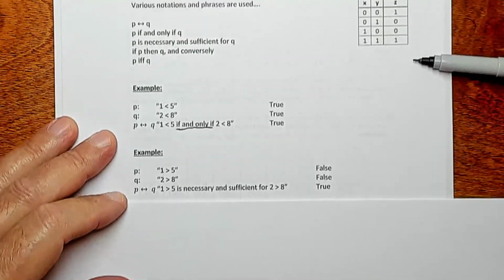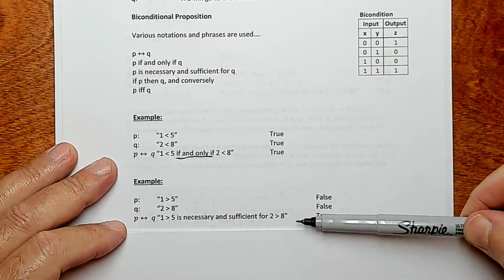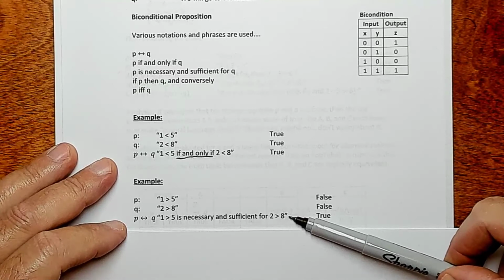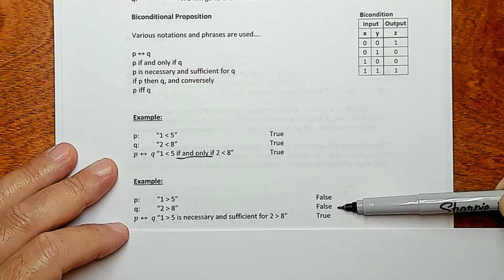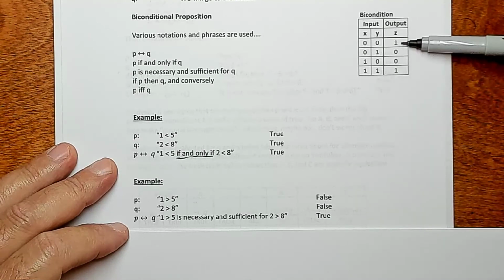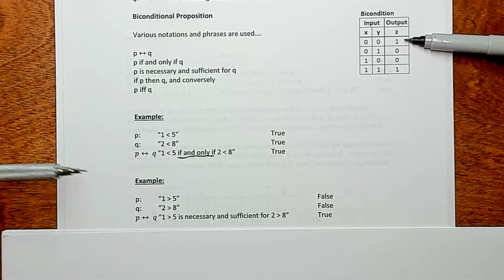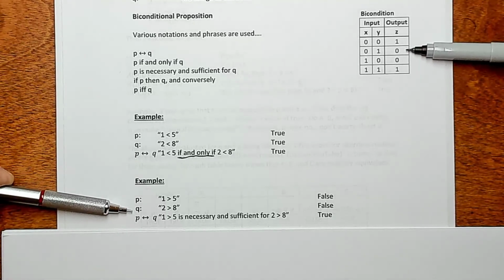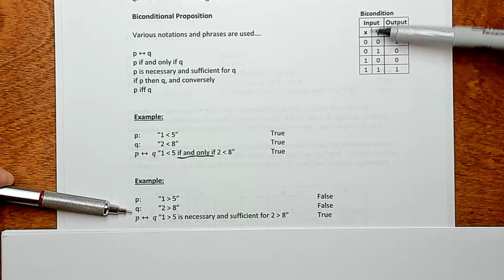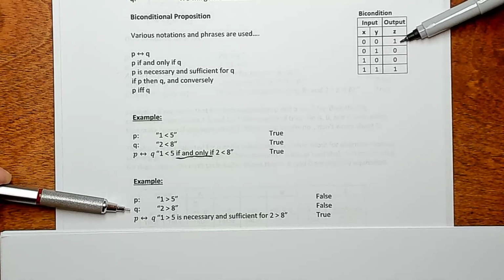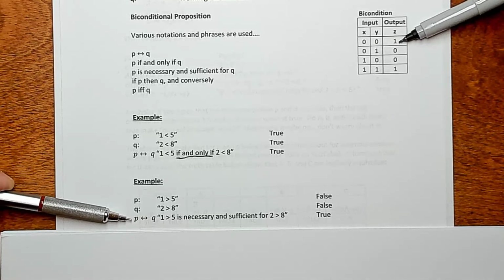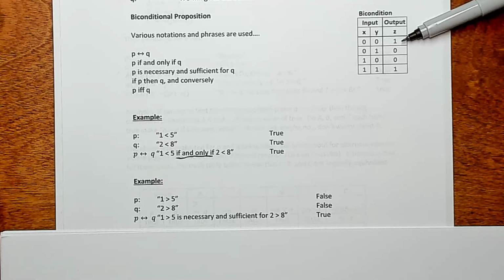And then from our table, this compound proposition happens to have the value true because of the truth value of the input propositions, which are false. So because we're on this row now, right? Little p is false and little q is false. Therefore, the compound proposition p bicondition q is true. Okay.